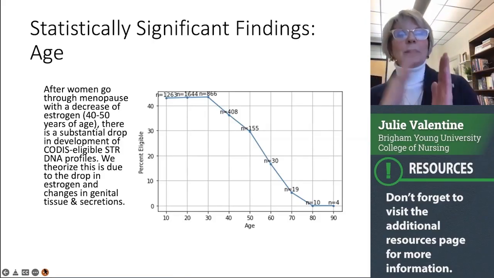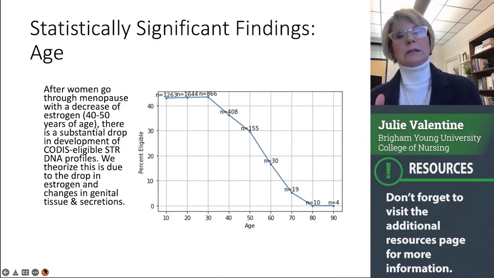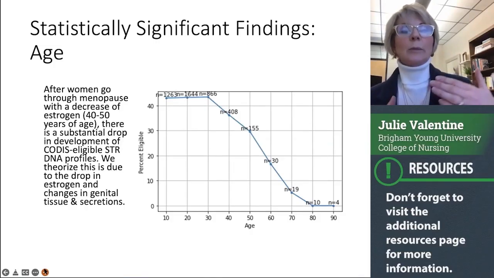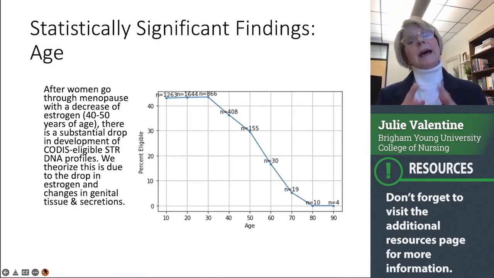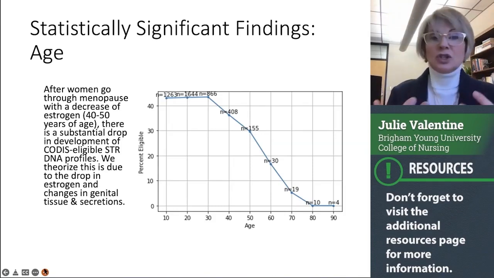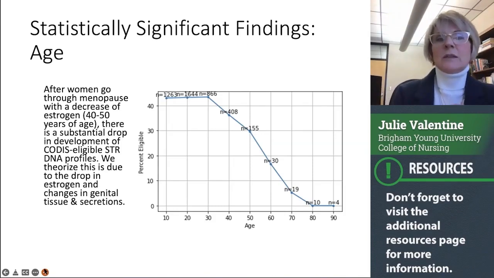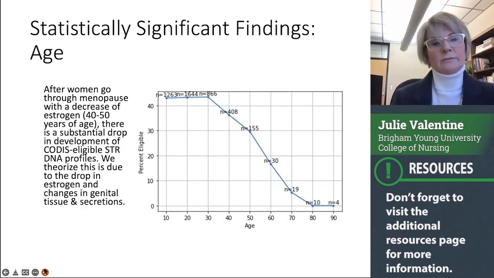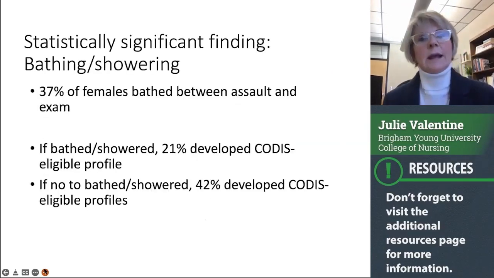But as a woman ages, there's a decrease in estrogen, especially when a woman goes through menopause. That decrease in estrogen causes a change to genital tissues. There are not as many secretions or as much lubrication produced. The tissues change. And we believe that those changes also mean that they are less likely to hold on to foreign contributor DNA.